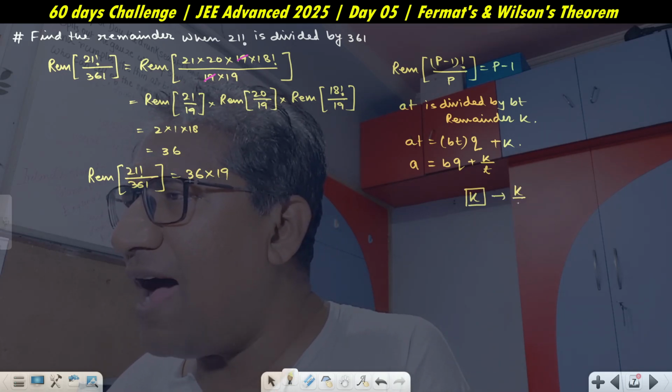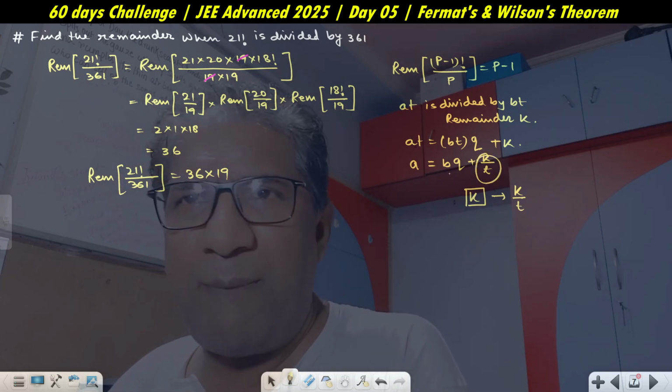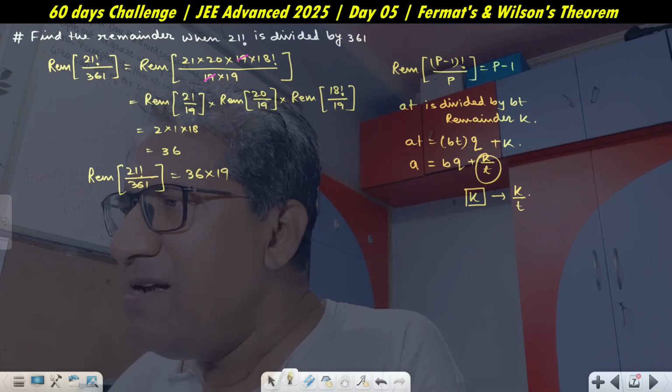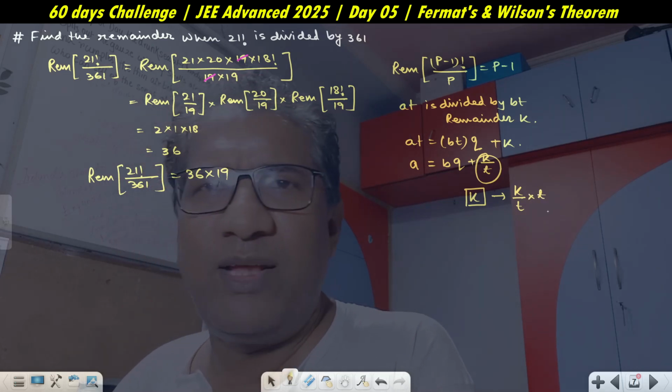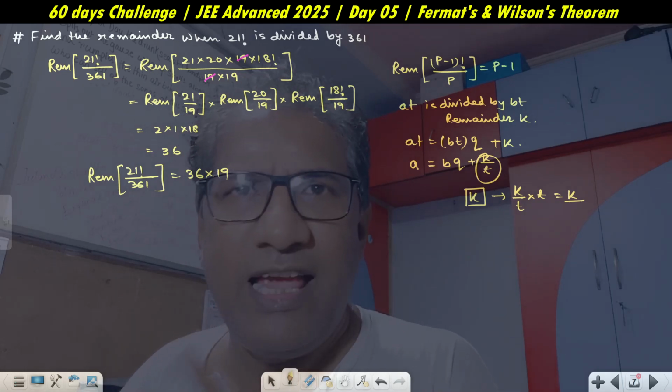Whatever answer I got is the remainder when A is divided by B. The remainder has to be multiplied with T to get the actual remainder. Are you clear or not?